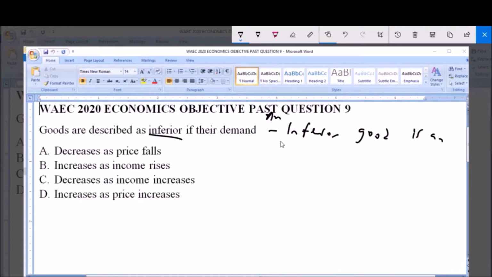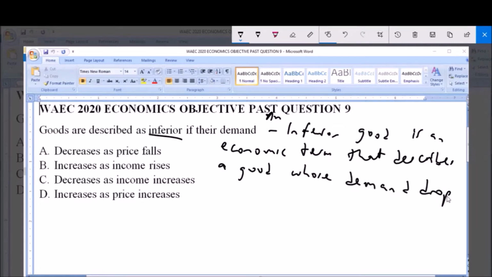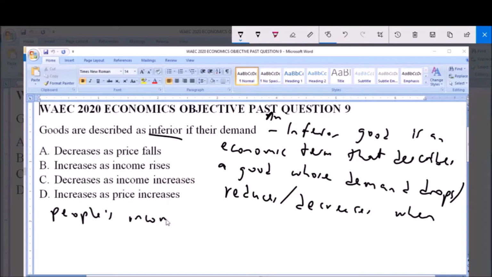is an economic term that describes a good whose demand drops or decreases when people's income increases.